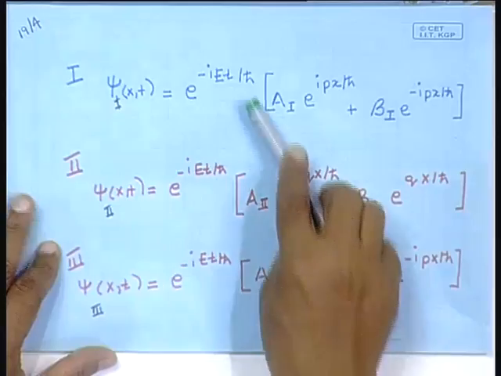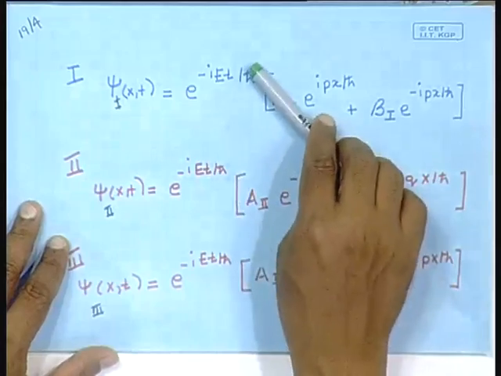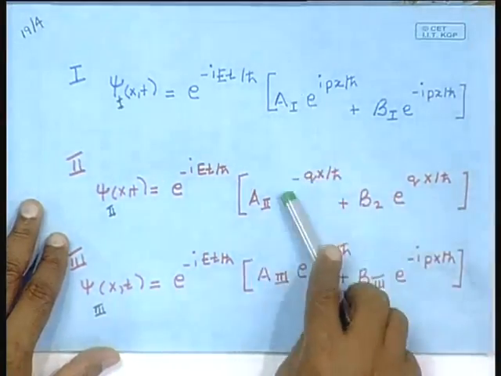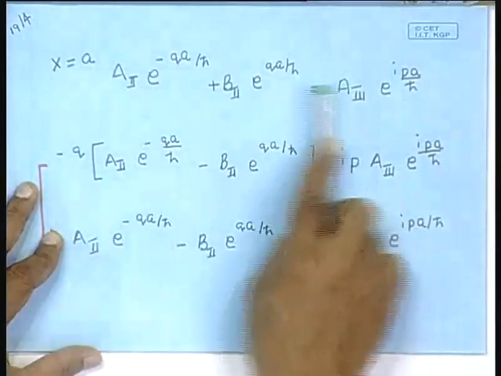and applying these boundary conditions to these two wave functions, the boundary is at x equal to 0, we get these relations between the coefficients.